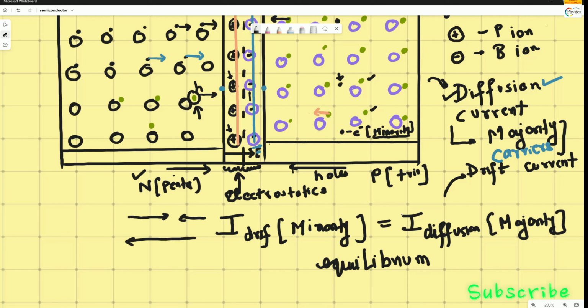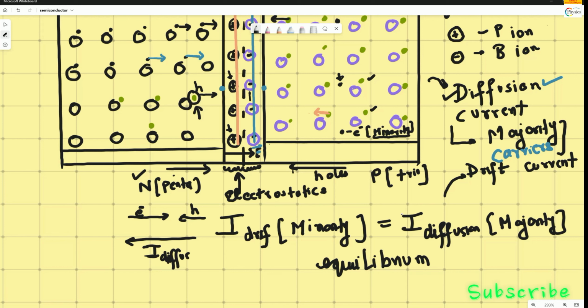So this was your diffusion current. Electrons are moving in this direction, majority carriers, holes are moving towards left. So overall current direction, I diffusion, is this, right? This is your diffusion current.